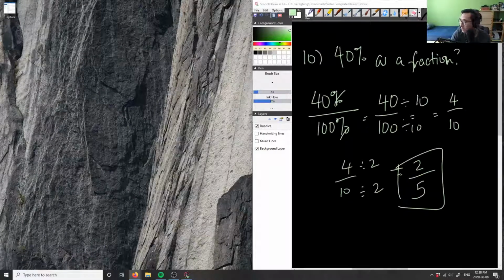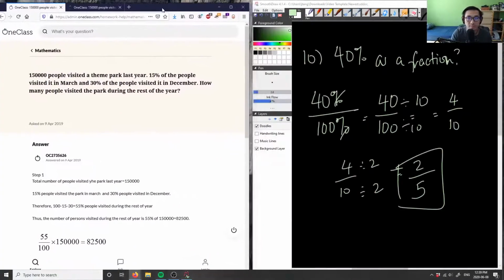Let's do this problem. Let's do this problem as well. So I picked two more problems for us here, and we can figure this stuff out as well.